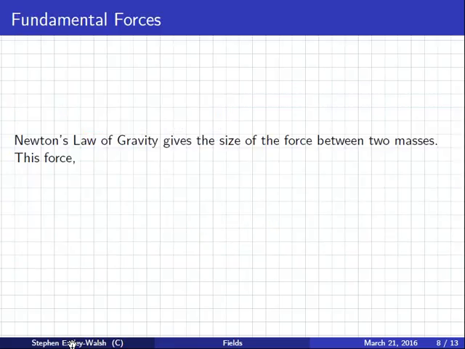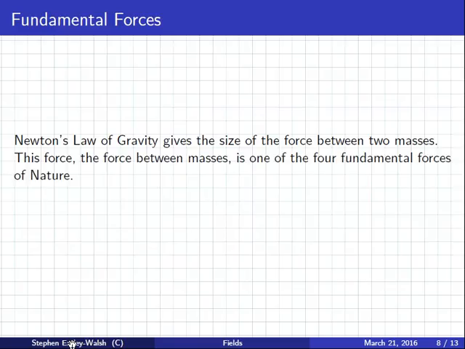Newton's law of gravity gives us the size of the force between two masses. This force is one of the four forces of nature. Do you remember what I said the other three are? We have gravitational force, electromagnetic force. Remember the other two?